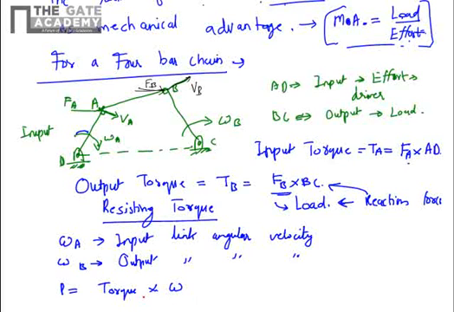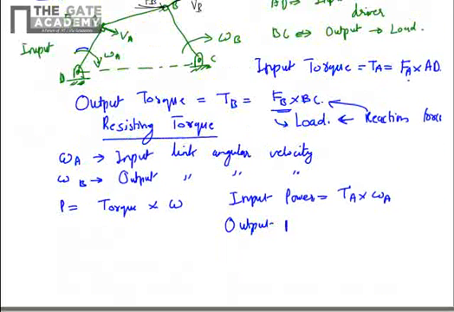Similarly, in angular system, we have torque into omega. So the input power to the system is input torque, that is TA, multiplied by input angular velocity, that is omega A. Similarly, the output power from the system is the output torque TB multiplied by output angular velocity. This is also called the resisting torque TB.